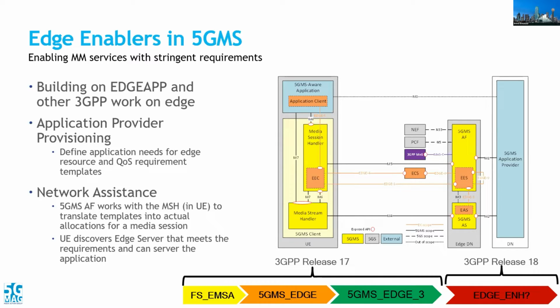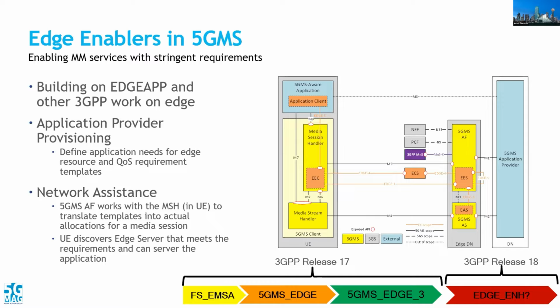So you could say some sessions, if they meet certain criteria, will need to connect to an Edge application server, and the Edge application server needs to meet certain requirements. So that's, in short, what this is doing.